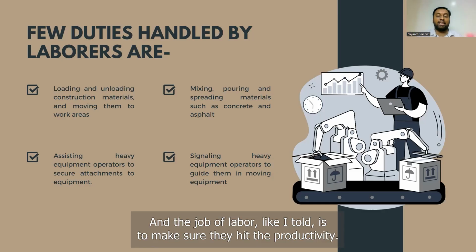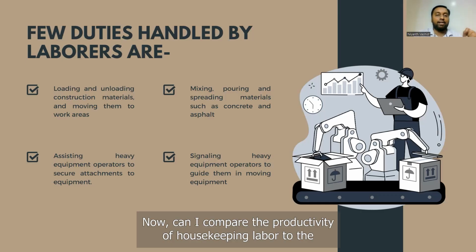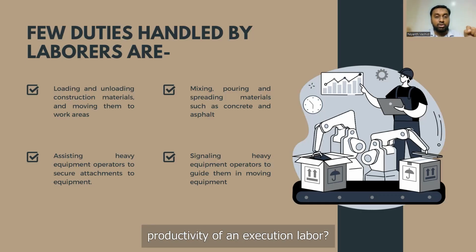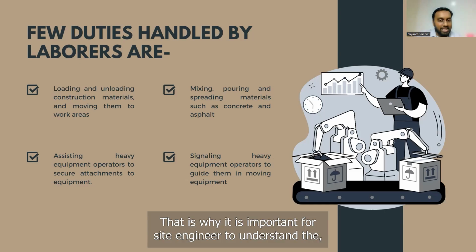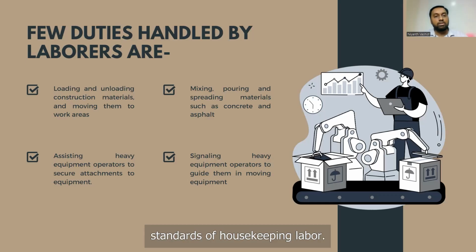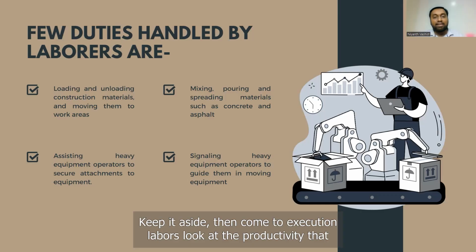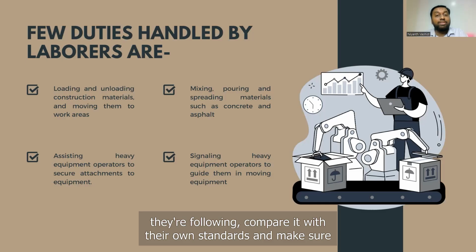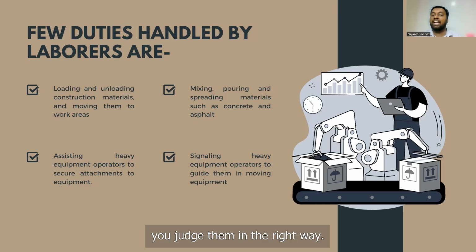And the job of laborers, like I told, is to make sure they hit the productivity. Now, can I compare the productivity of a housekeeping labor to the productivity of an execution labor? No. That is why it is important for a site engineer to understand the metrics to judge how a housekeeping labor is performing to the standards of housekeeping labors, keep it aside, then come to execution labors, look at the productivity that they are following, compare it with their own standards, and make sure you judge them in the right way.